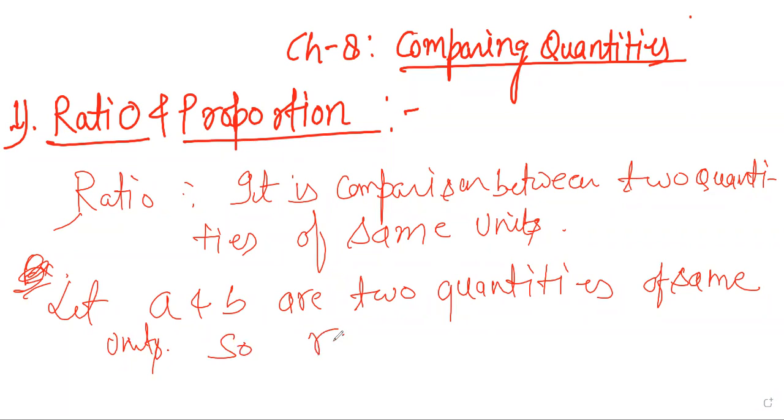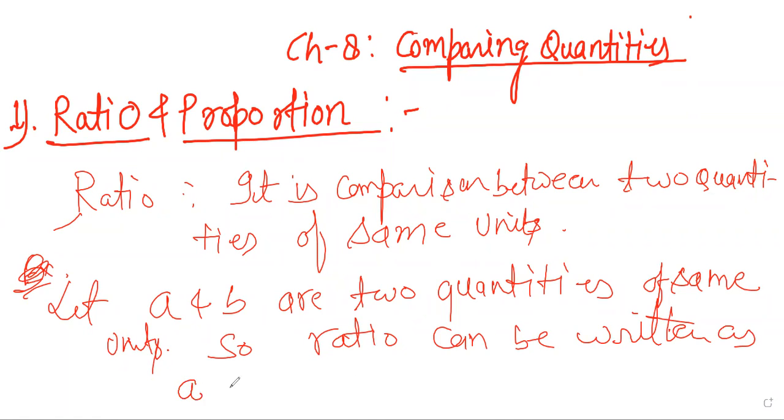So ratio can be written as A is to B, written as this.